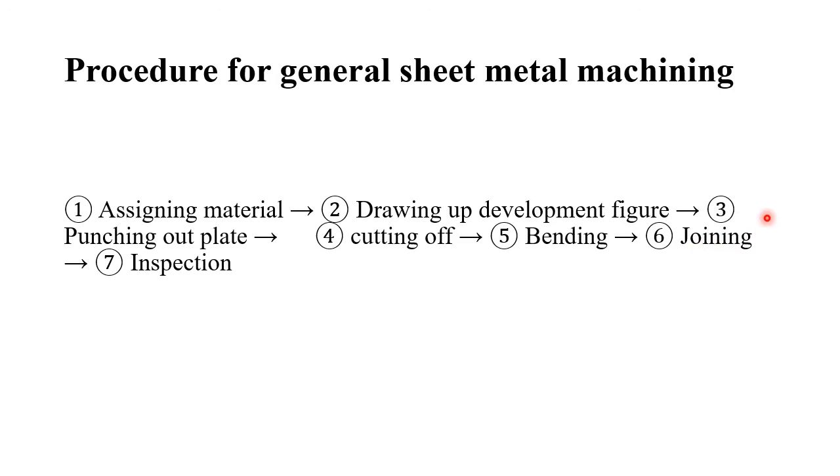After joining, we come to inspection. We check the dimensions. For example, if it is a cylinder, we may check the height and the diameter. We may check the joint: the width of the joint, the thickness of the joint, and whether there is any leakage in our joint. And from there, we have a product.